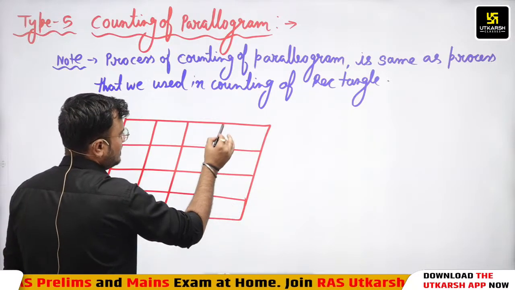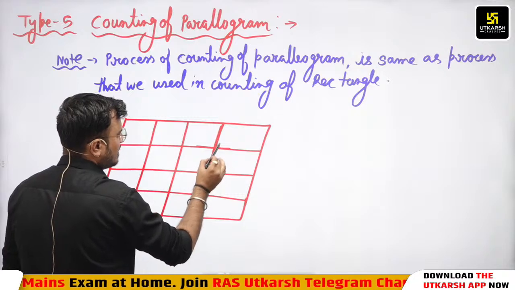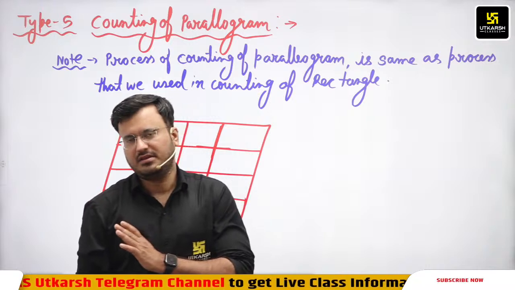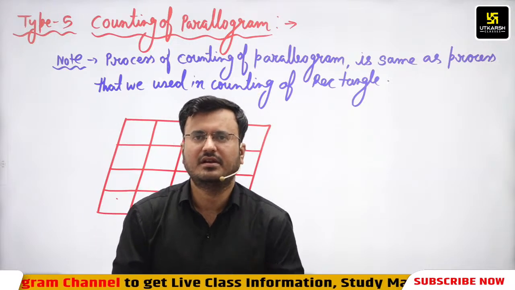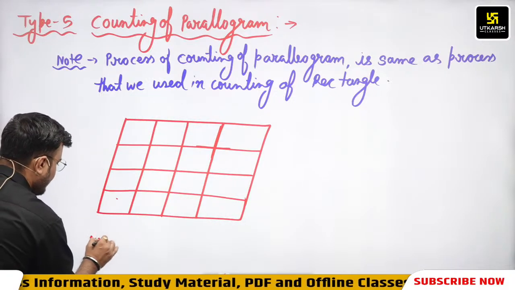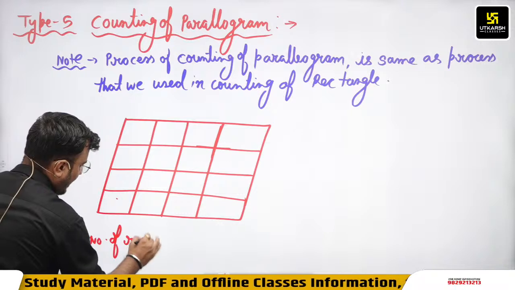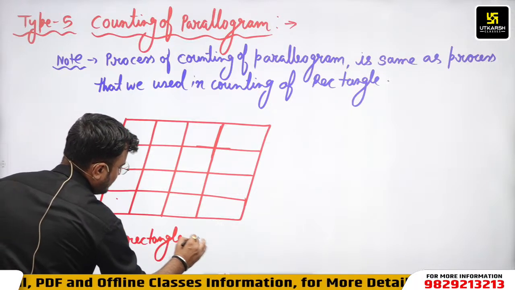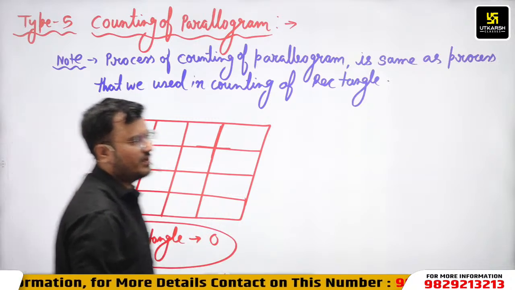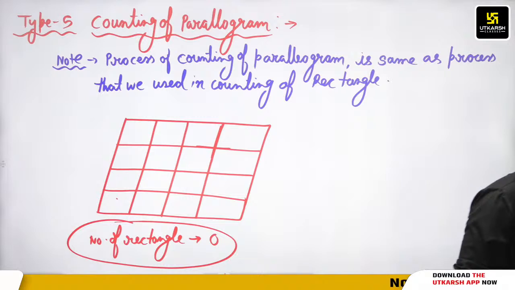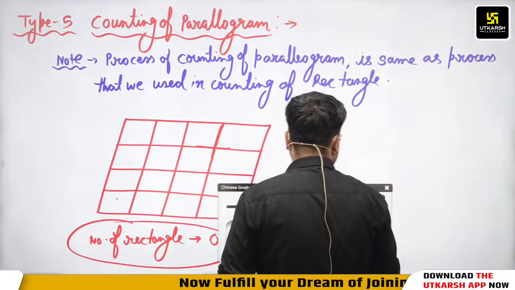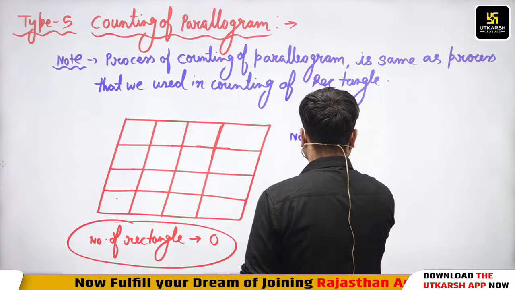You are able to see these two lines are not intersecting each other at a right angle. Yes or no? So if someone asks the number of rectangles here, my answer is 0, because there will be no such figure that seems like a rectangle.